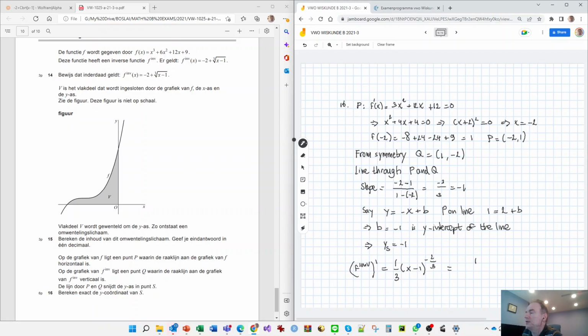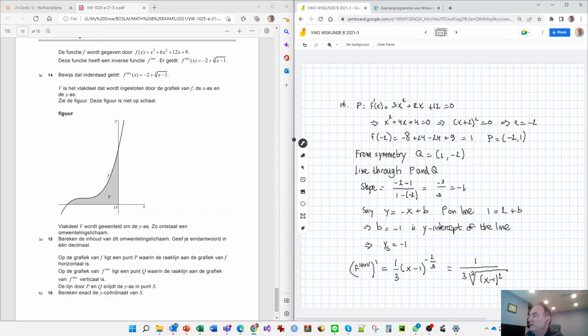This is 3 times the cube root of x minus 1 squared.